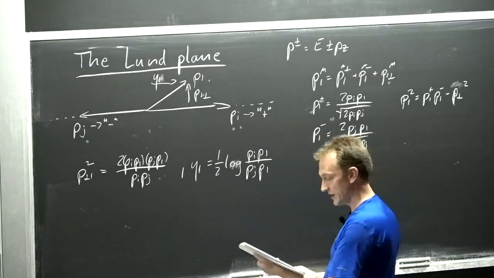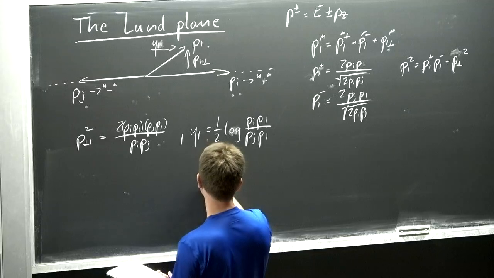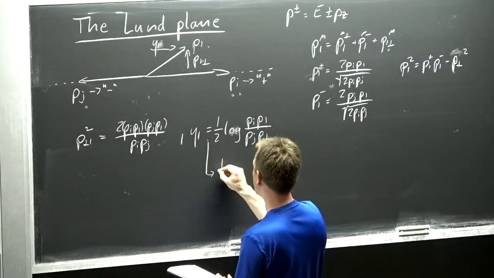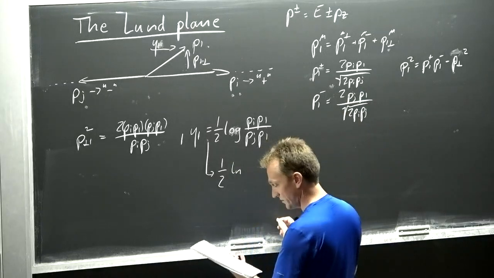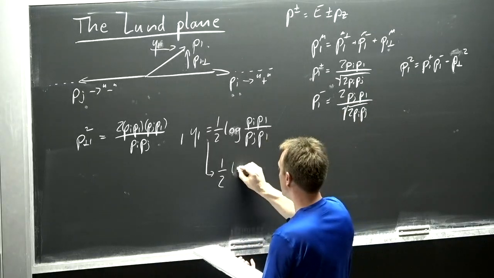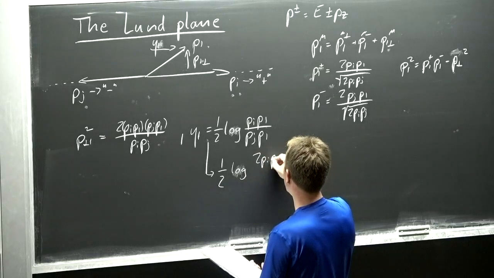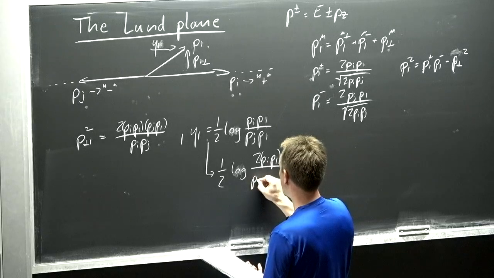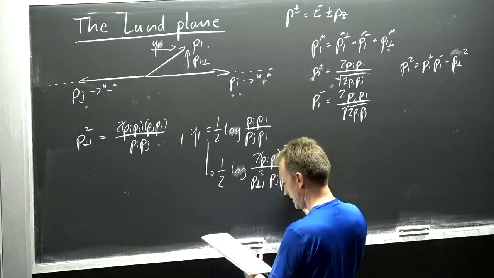Okay, let me try to simplify or to rewrite this rapidity. I can say, again, using these relations here, this is either 1/2 times the logarithm of 2 Pi P1 squared over P perp 1 squared Pi Pj.